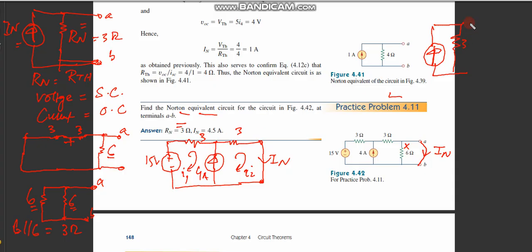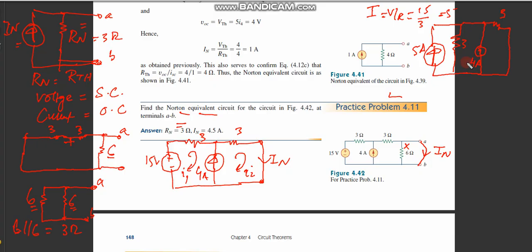Then I have this current source of 4 ampere, and then 3. What is the value of this? I equal to V divided by R, V equal to 15, R equal to 3, so the value is 5 ampere, and this is already 4 ampere.